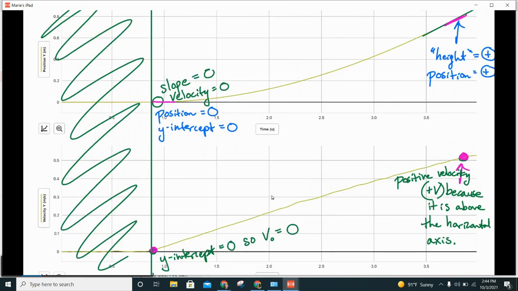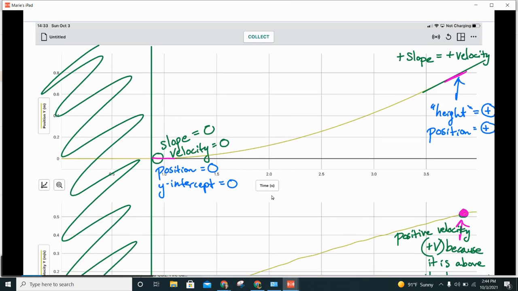Now, just like when we're finding the slope on a position versus time graph, the slope is going to be the rise, which is your change in position, divided by your change in time, because that's the run. That's how far it goes sideways in the same amount of time.